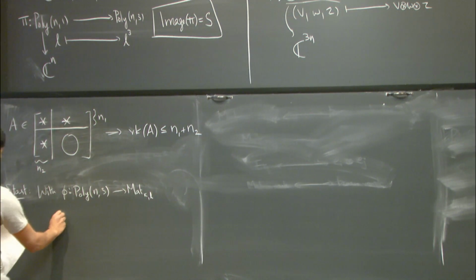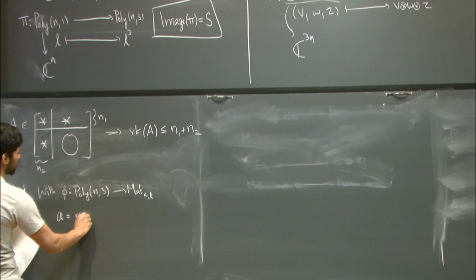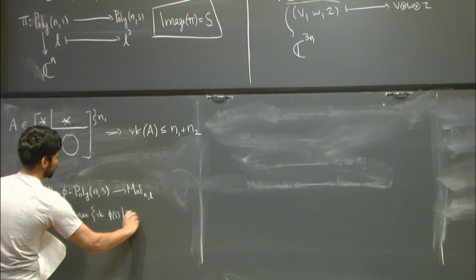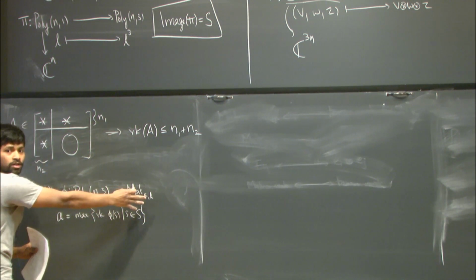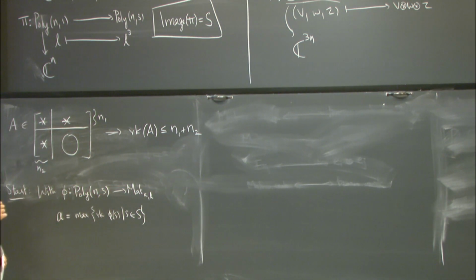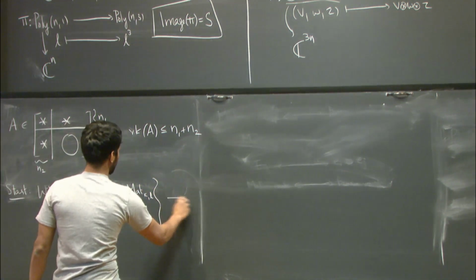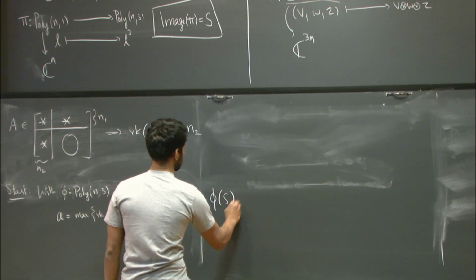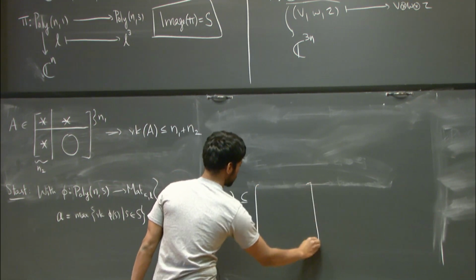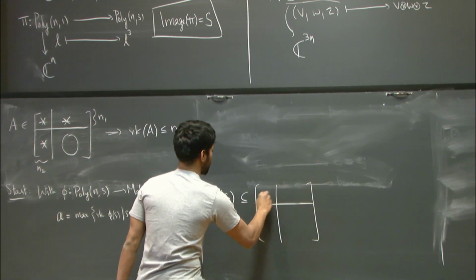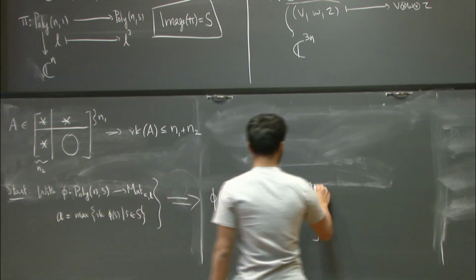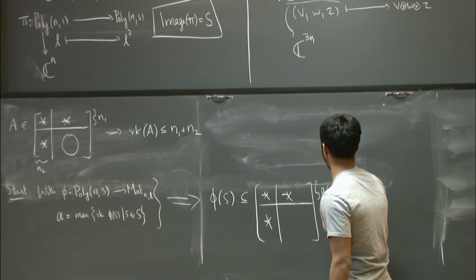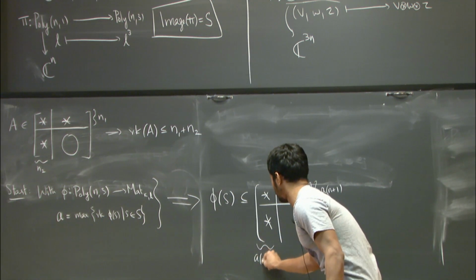And then you have this number, which is the maximum possible rank of whatever a simple can go to. You take the set of all simples, you look at the matrices they go to, and take the maximum possible rank. Starting from this, I will then show you that the image of all the simples lies inside such a subspace, where this side is A times n plus 1, and this side is A times n plus 1.